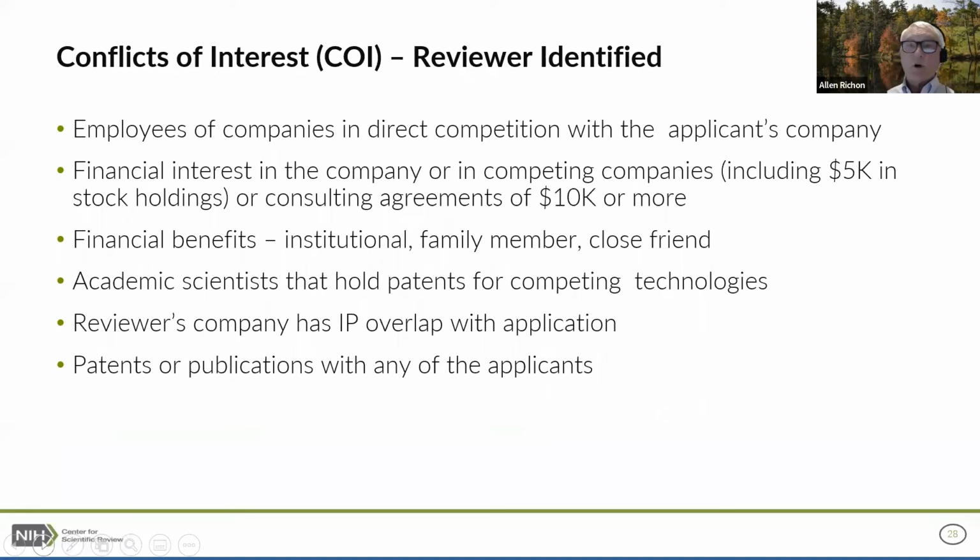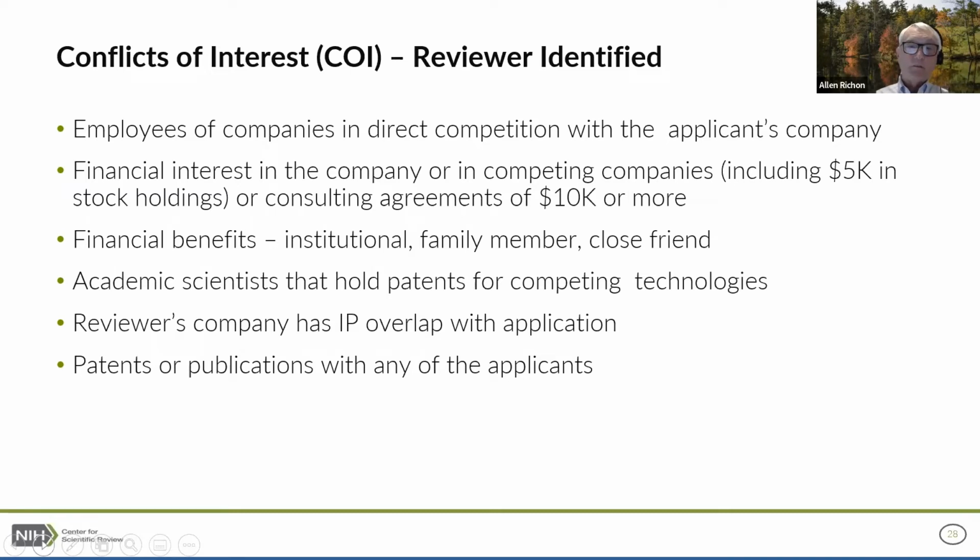Reviewers also have a part in this. They can identify applications where they do not feel comfortable because their work is in direct competition with the applicant's proposed work. So for example, let's say you're working on myocardial infarction and you have a particular gene structure that you're looking at that you think is important.